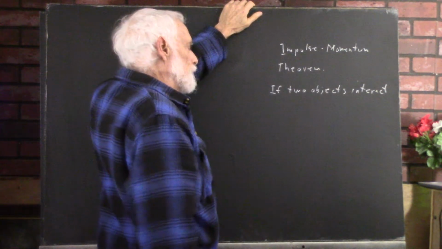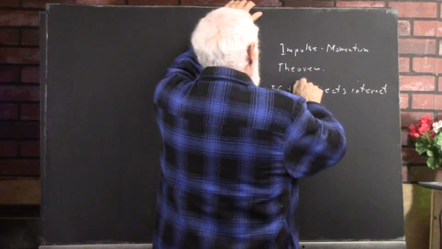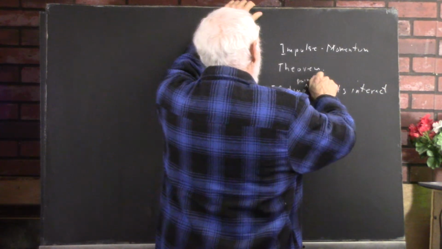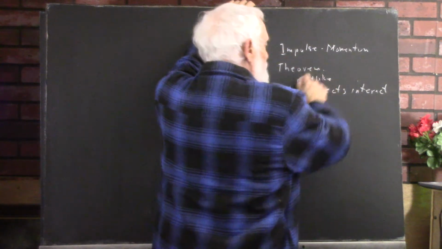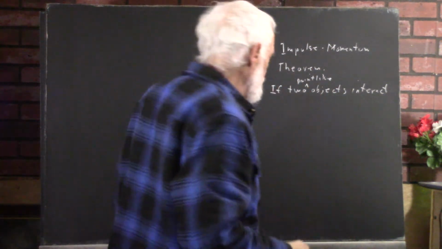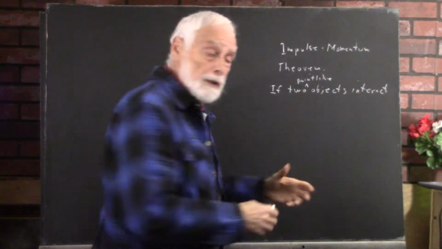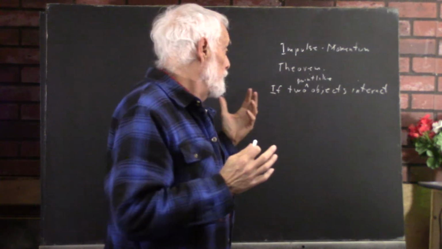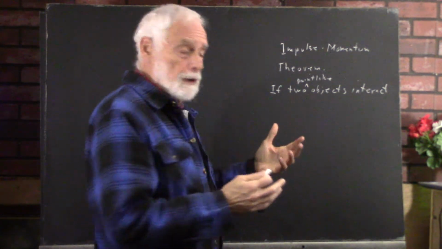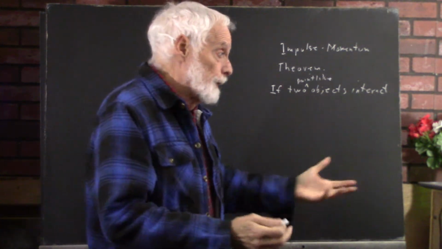Okay, if two objects interact, and I should probably say point-like objects, so you don't get any rotation out of this thing. If two point-like objects interact, then the forces they exert on each other are equal and opposite by Newton's third law.